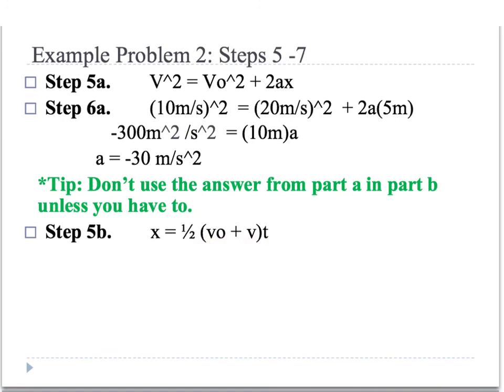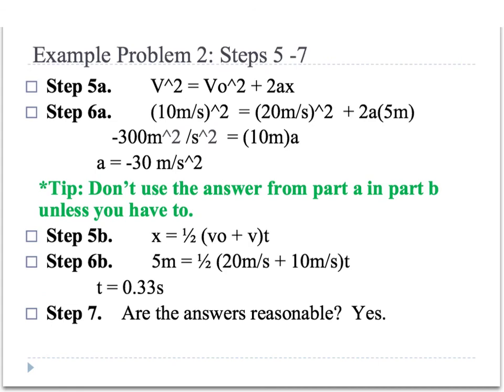The reason you do that is, let's say you made a mistake in your calculator or whatever, you get the wrong answer for acceleration. You don't want to use that number in part B because you'll automatically get the wrong answer. So it's always best, if you can avoid it, to not use your part A answer for part B, because it's possible to get part B right even if you've missed part A. So there's my who cares equation for part B.